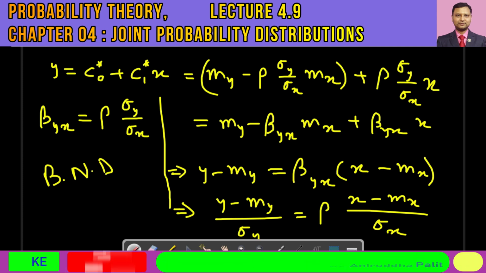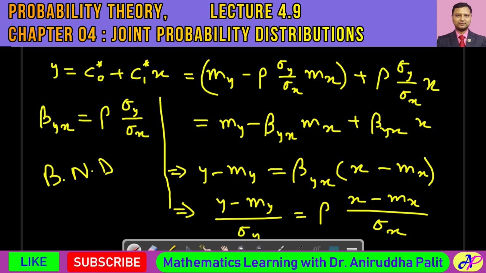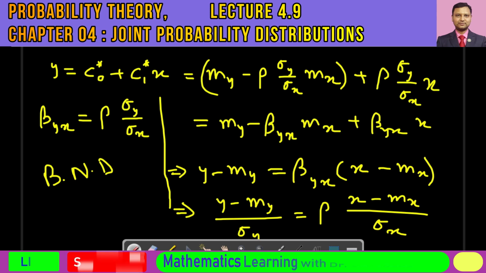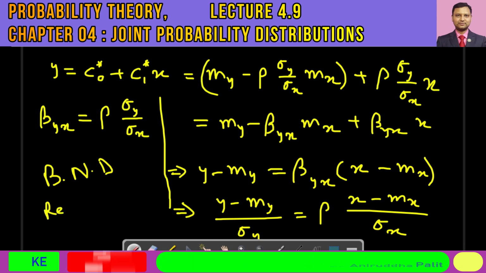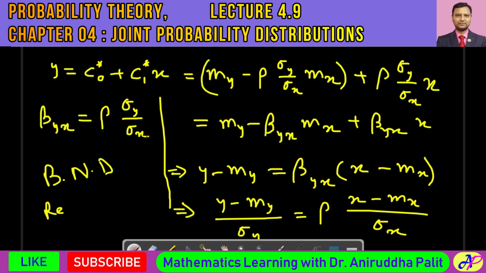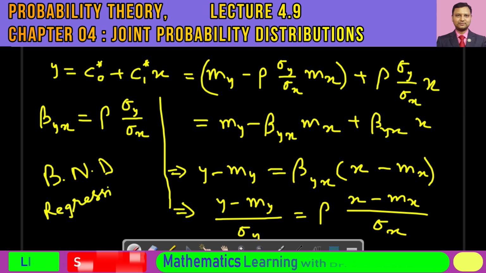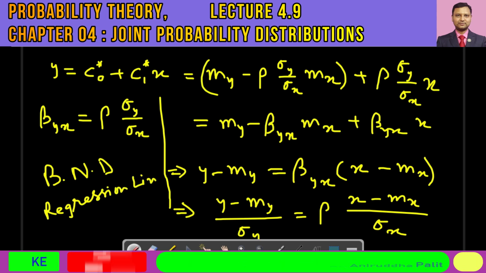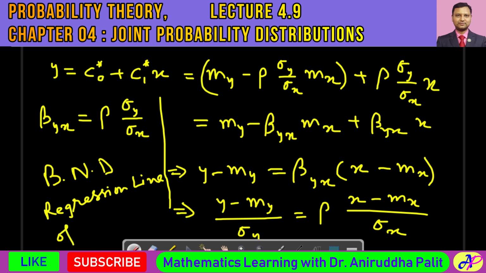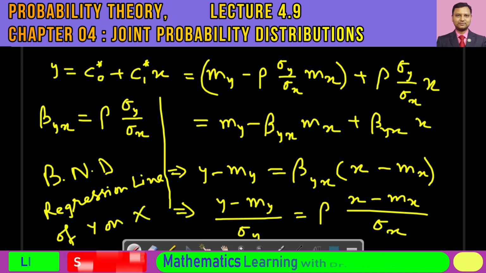And this is called the regression line of y on x, because it is a straight line. You see, this is a straight line. So this is called the regression line, not curve, of y on x.